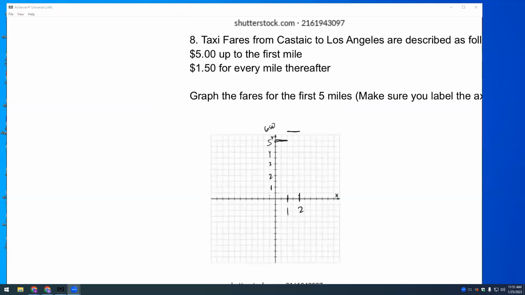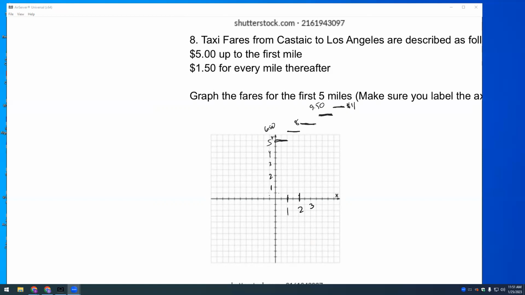And then 3 would be $8. And then 4 would be $9.50. And then 5 would be $11. Something like that would be good.